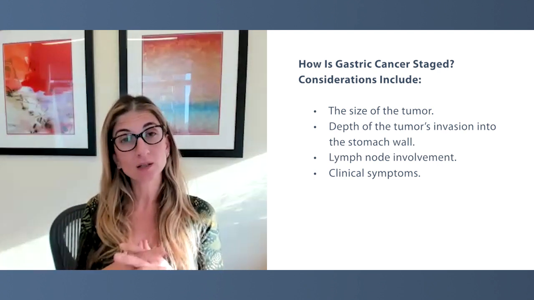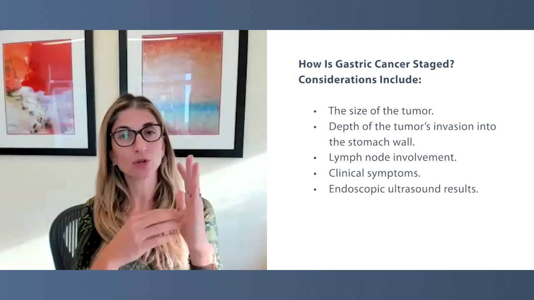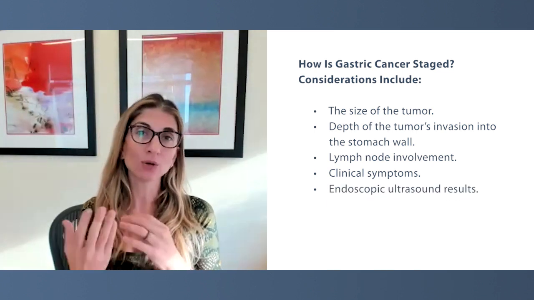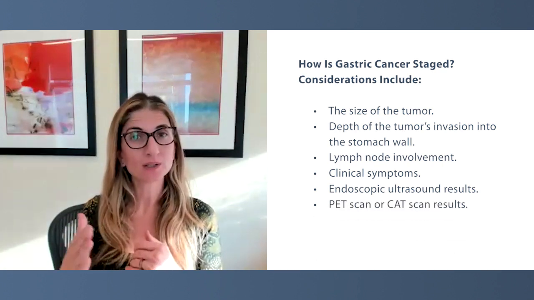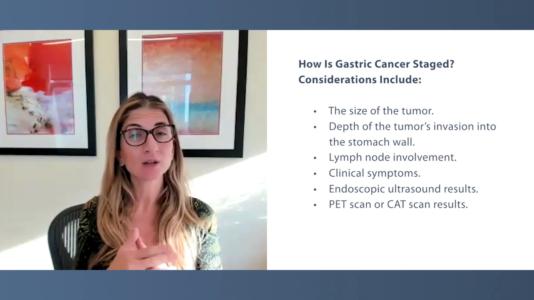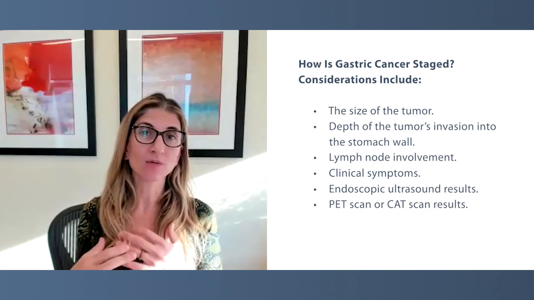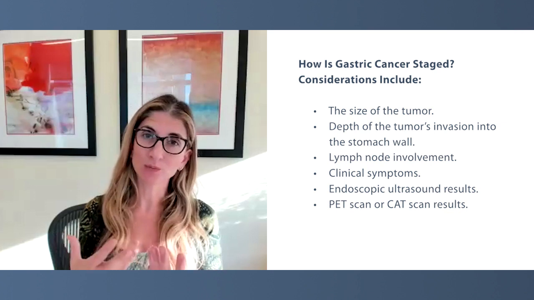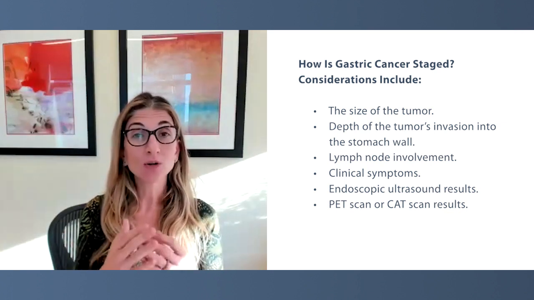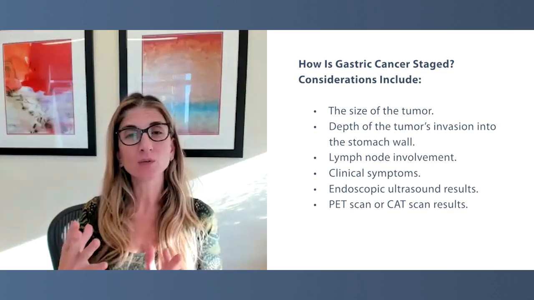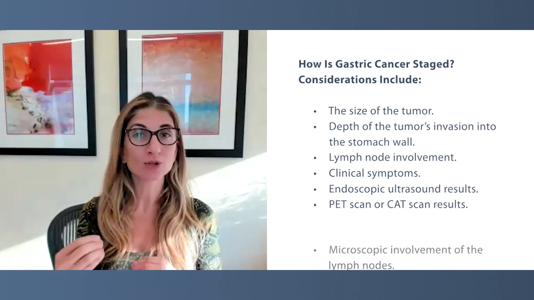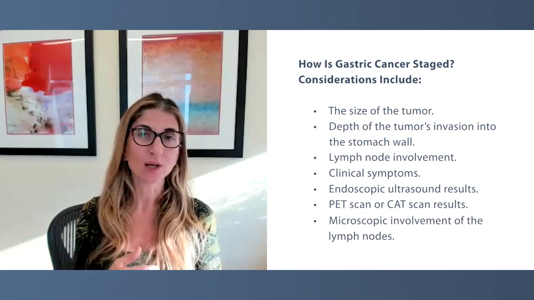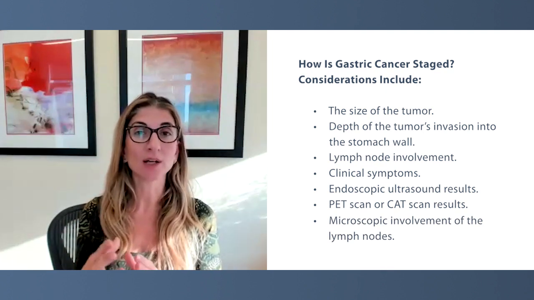And so we use endoscopic ultrasound to look at the depth of invasion, and also other X-ray type imaging, such as a PET scan or a CAT scan, which gives us a sense of the tumor location, whether or not we think the lymph nodes may be involved. And ultimately, the final way to assess, especially in patients who are undergoing surgery, is the microscopic involvement of the lymph nodes, because that often drives the likelihood of cancer coming back after surgery.